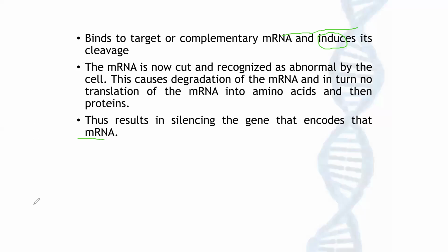So the mRNA will be cleaved. Then the mRNA is caught and recognized as abnormal by the cell. This causes a complete degradation of the mRNA. In turn, the translation of mRNA into amino acids and proteins will be blocked, resulting in silencing of the gene that encodes the mRNA.